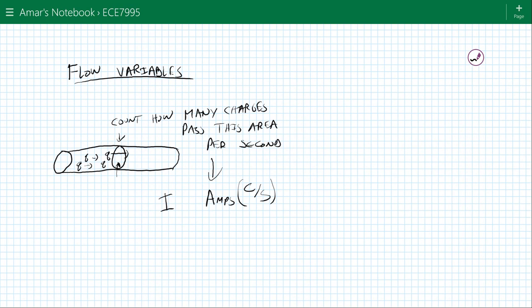All right, going to the fluid mechanics domain, same thing. Imagine we have a pipe here. Again, we have a cross-section in the middle of the pipe. In this case, we imagine little packets of fluid. This packet of fluid moves through this cross-sectional area. This little packet of fluid moves through this cross-sectional area.